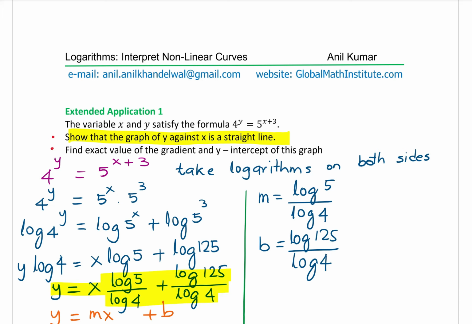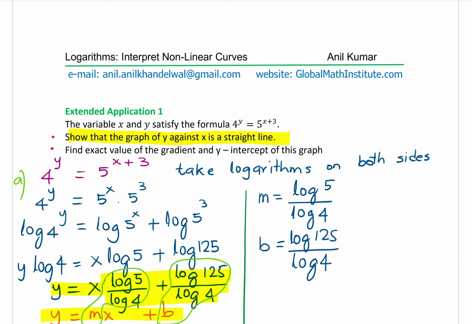Comparing, m is this part and the y-intercept is right there. So it is of the form y equals mx plus b, and therefore it is a straight line. We have done part A.